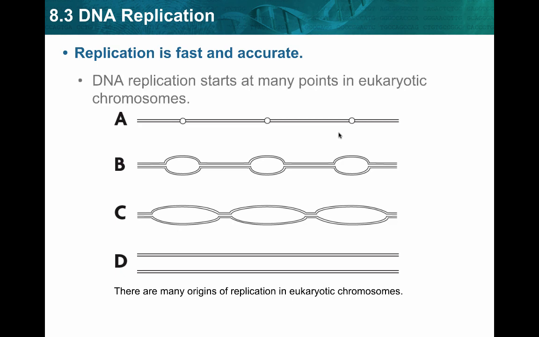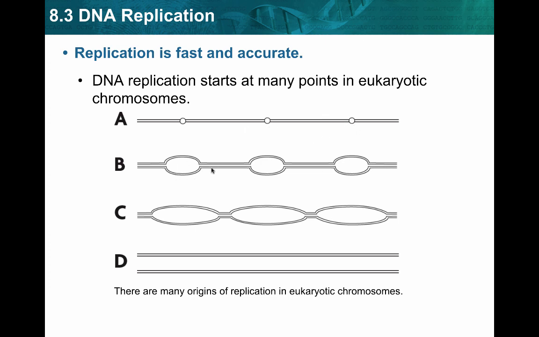So in eukaryotes, we're eukaryotic, so in our chromosomes, there are multiple points of origin. These points of origin are where replication is going to start. And so helicase is going to travel in both directions from the origin out. So this one is going to replicate in both directions, this origin is going to replicate in both directions, and so does this one.